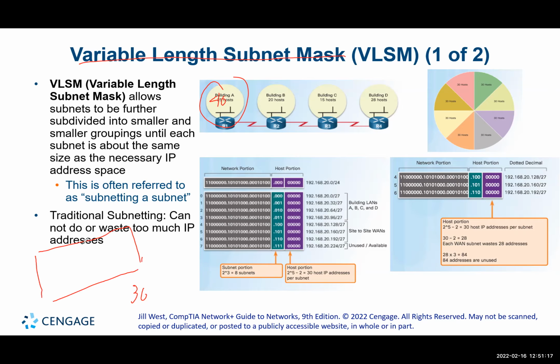I'm very hungry, so I take the big half here, then my wife, the second one, and 2 for my boys. So you see, my share here, 1 here, 2 here, 3 here, 4 here. I can break it down unequally. That is the case of variable length subnet mask here. And when you work with the variable length subnet mask, you can save a lot of IP addresses.